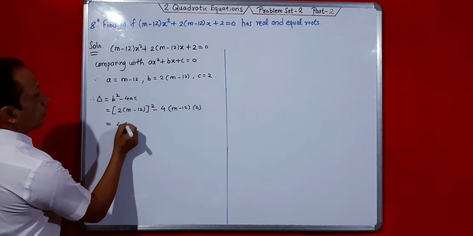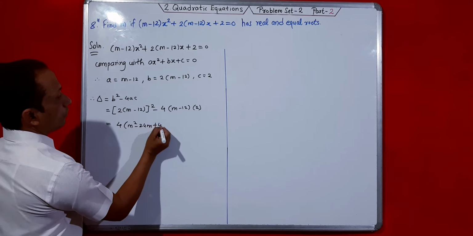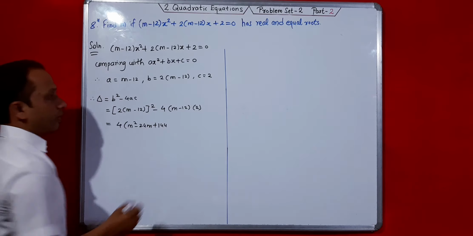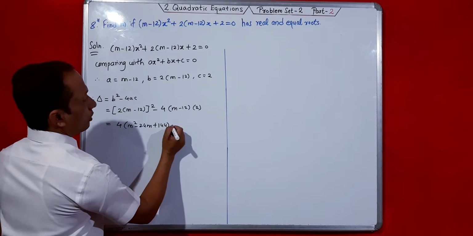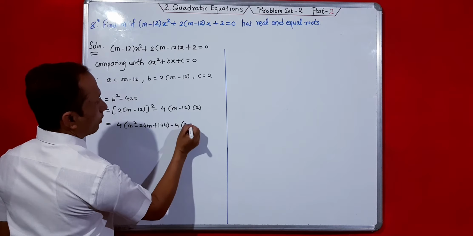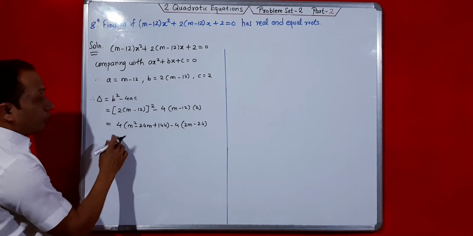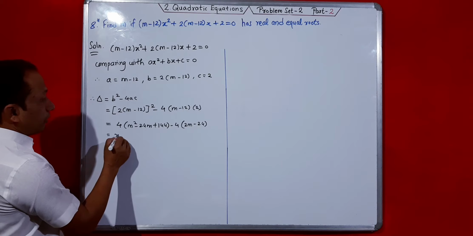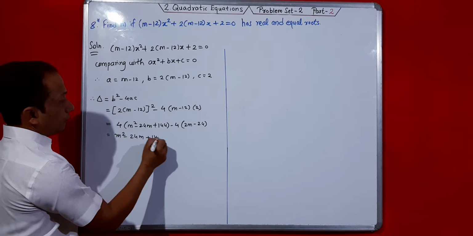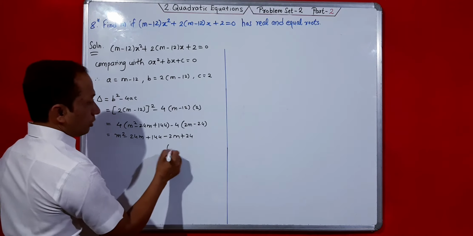So 4(m square minus 24m plus 144), using the a minus b whole square factorization, and this will be minus 4 into m minus 24 after multiplying. Now dividing by 4, I get m square minus 24m plus 144 minus (2m plus 24)... divided by 4.